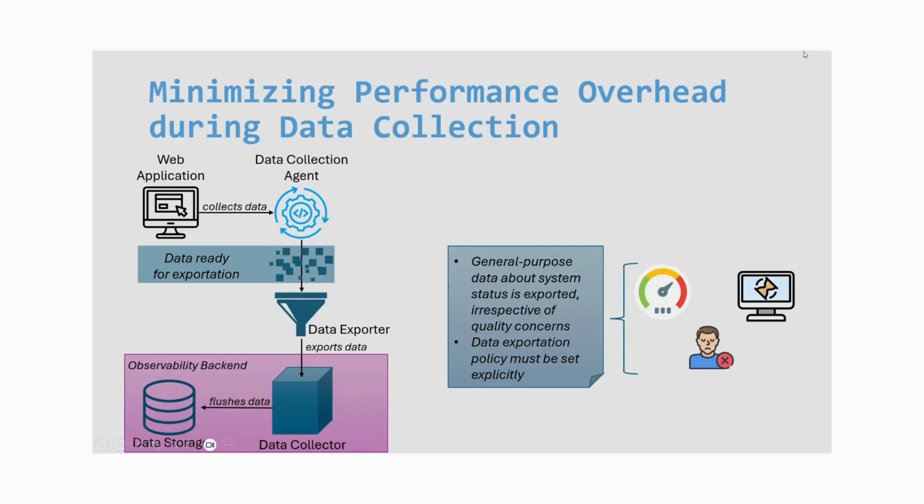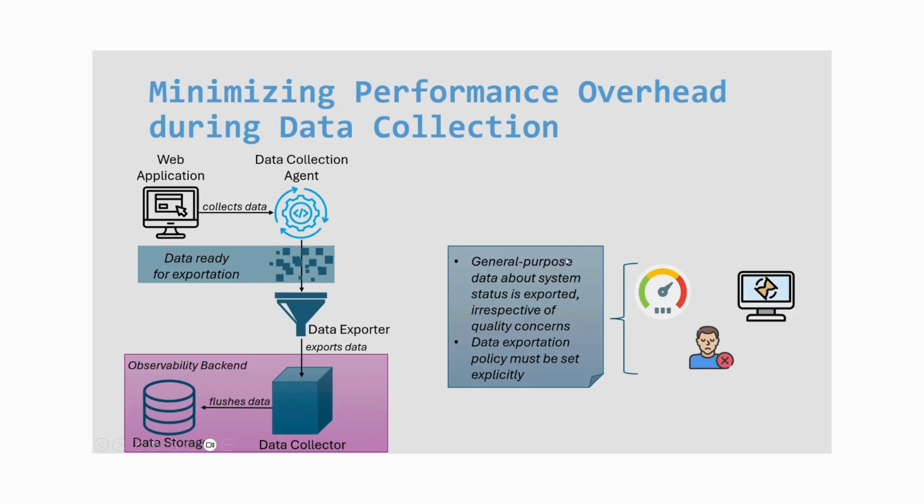This usually causes increased CPU usage, higher memory consumption, and excessive network traffic, all of which can slow down the application and make it lag. Eventually, if not managed properly, the data collection intended to improve quality can ironically degrade user experience.